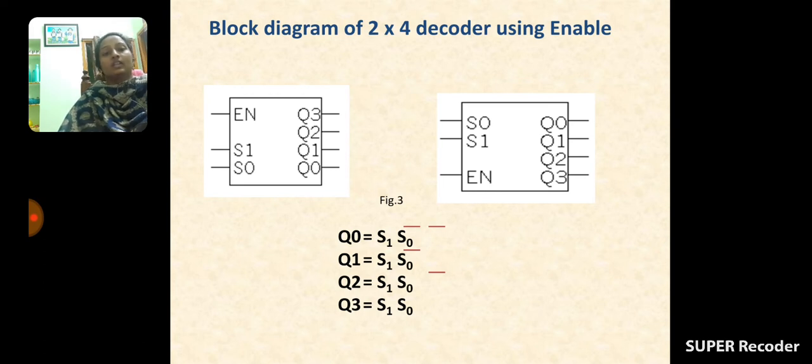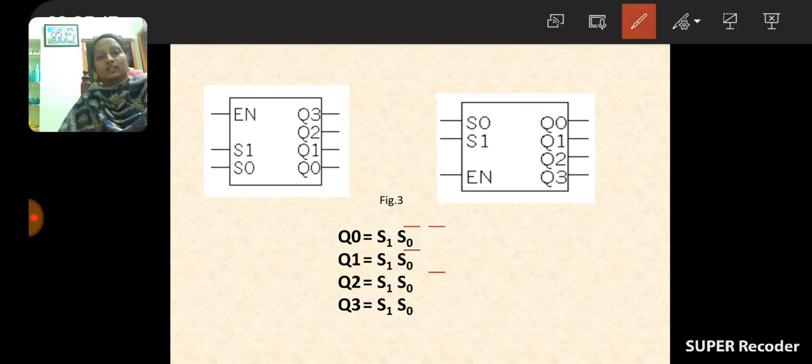If it is 1 and 1, no bars are there in the expression. In the first case, S1 and S0 both have complements. In the second case, only S0 has a complement. In the third case, S1 has it. In the fourth case, none has it. If it has a complement, that is logically equal to 0, but in the mathematical expression it has a bar.